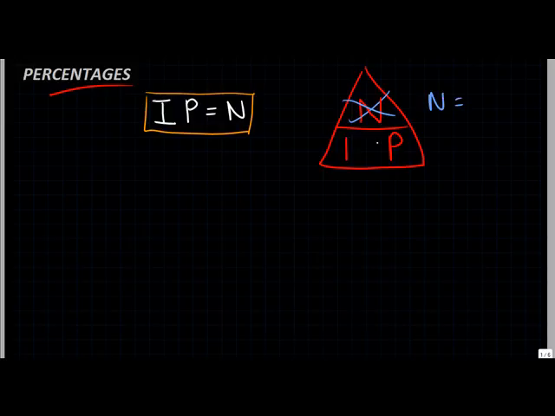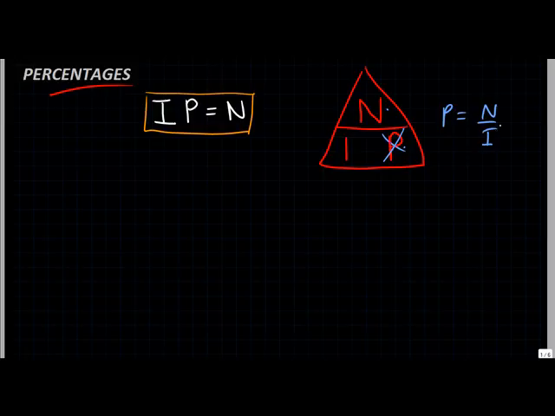So N would equal the two things which are left, I times P. If you needed to know an initial amount, you cover that up and you're left with N divided by P. So I is equal to N divided by P. And the third way would be if you're trying to find the percentage change, you cover up the P. P is equal to N divided by I. Now when you do this on a calculator, P is always going to come out as a decimal, not as a percentage, so you need to do the conversion by moving the decimal place 2 places to the right.